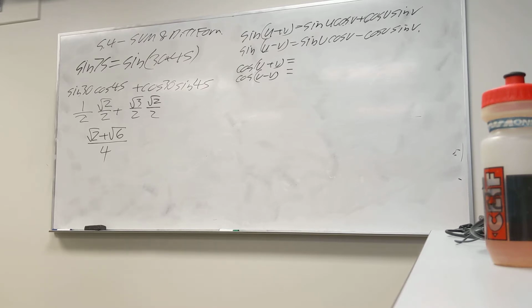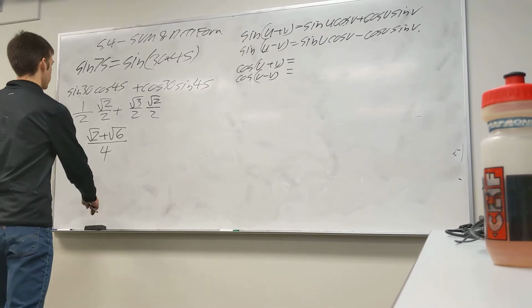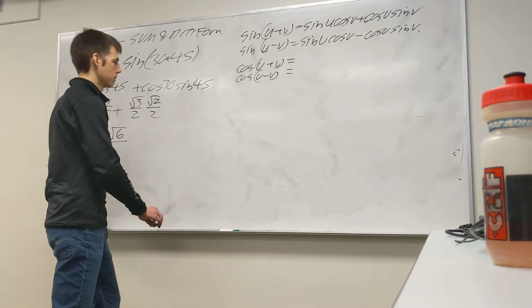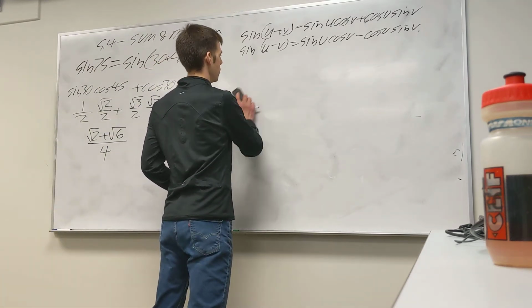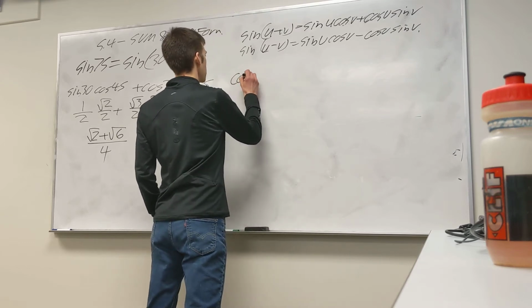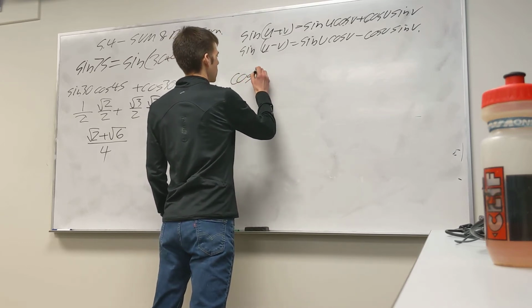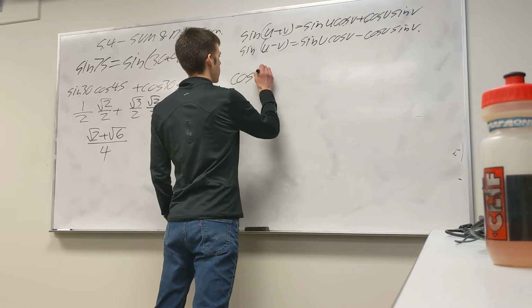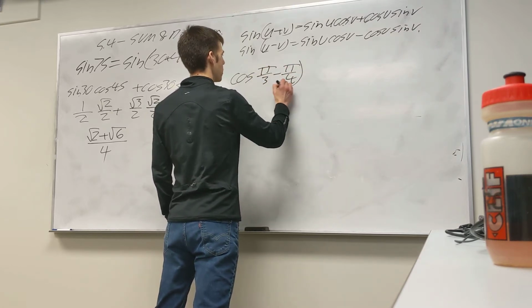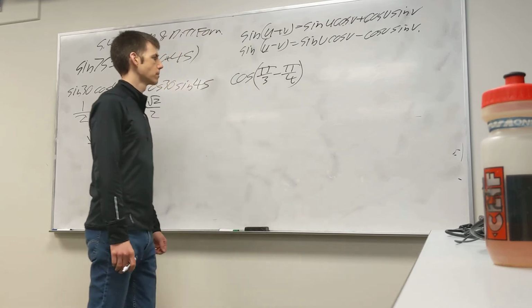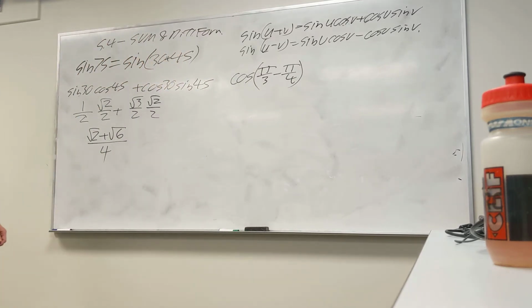How about, what's the cosine of pi over 3 minus pi over 4? What is that anyways? That's 60 minus 45, so that's a cosine of 15 degrees, right?